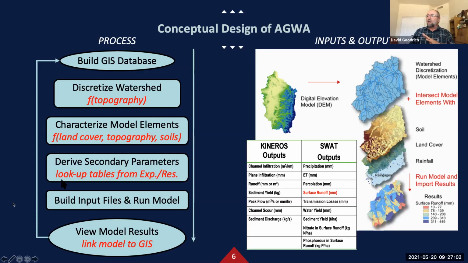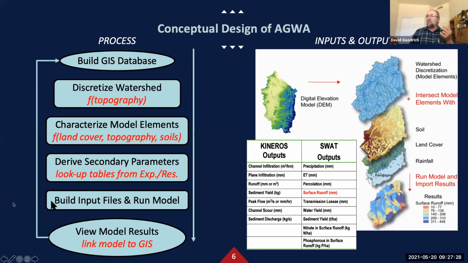So now for each one of these elements, we've got information on its geometry, that's its slope, contributing area. We've got information on its soils, which gives you infiltration characteristics. And then we have information on land cover that may go into the hydraulic roughness and modify the infiltration characteristics.